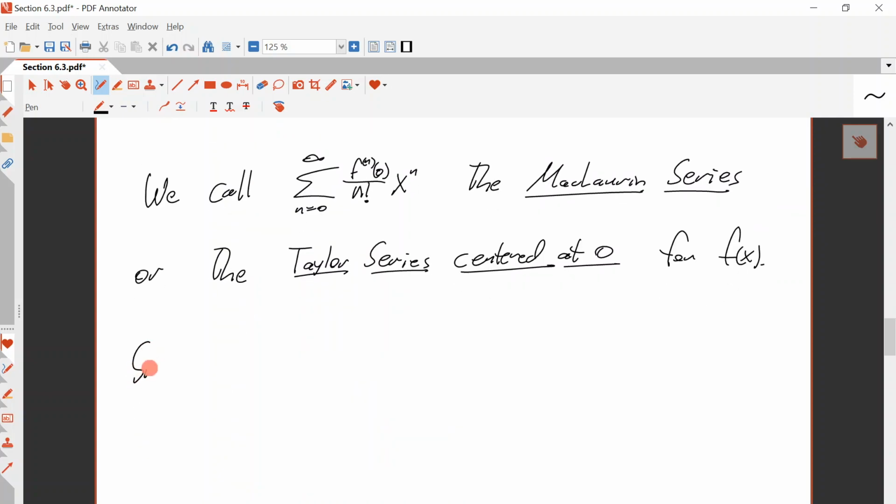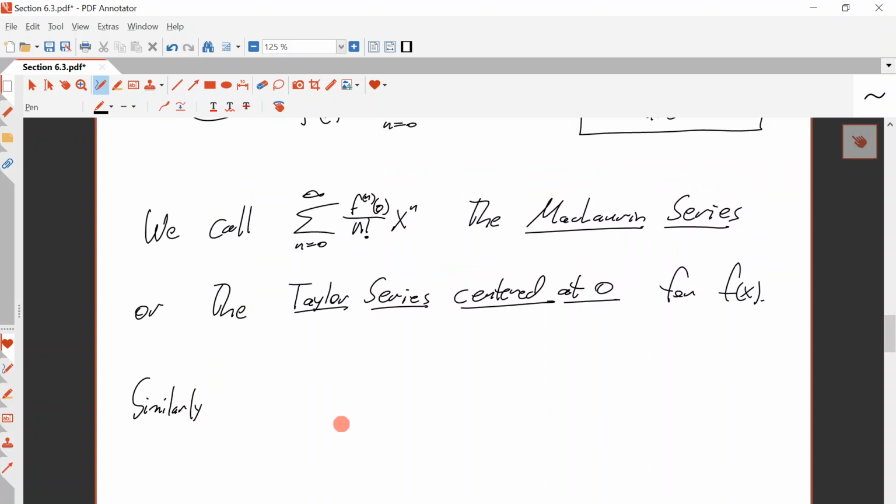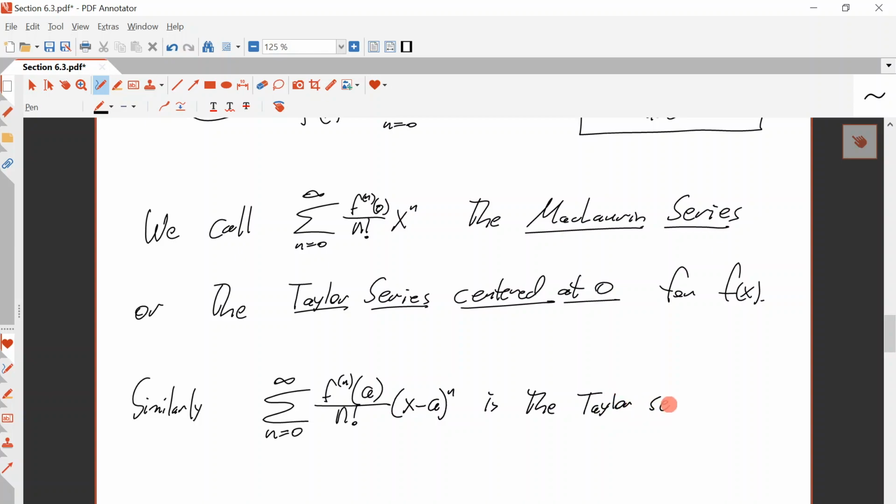Similarly, if you don't want to center it at 0, you can center it at a, in which case it looks like this. This is the Taylor series centered at x equal to a for f of x.